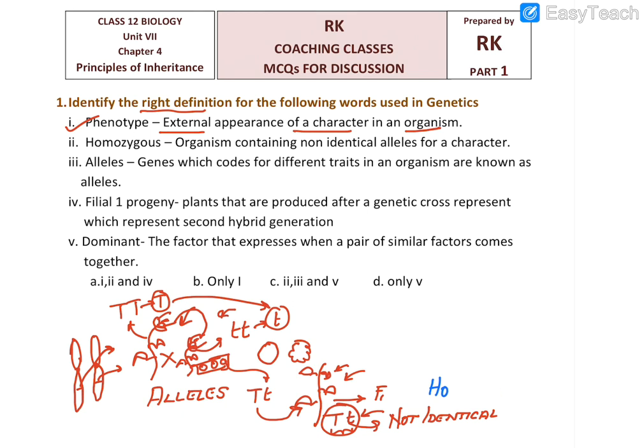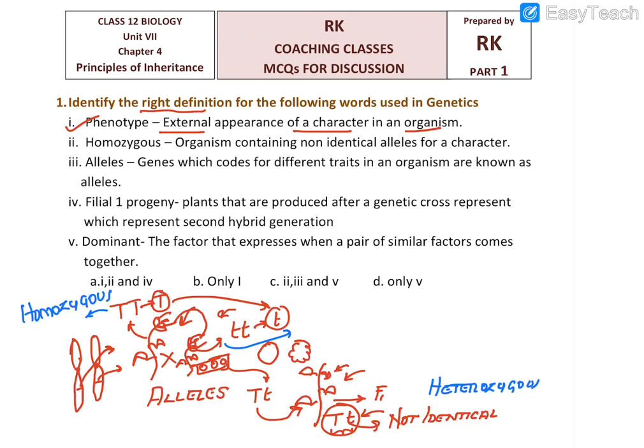I'm sorry, it should be called heterozygous. If they are non-identical, then we call it heterozygous. If the alleles are similar, then we call it homozygous. Even in this dwarf plant, similar alleles are present, so we call it homozygous.